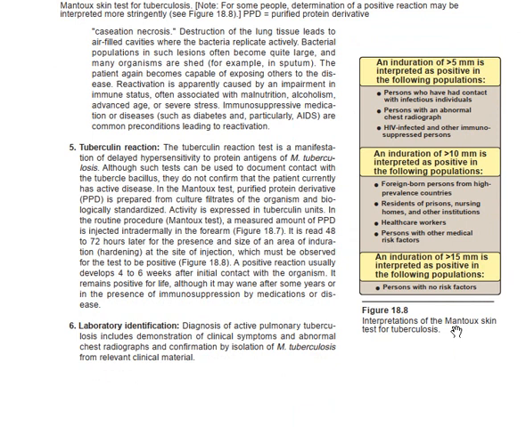So now the interpretation of the Mantle skin test. What's the interpretation? An induration of greater than 5 millimeters is interpreted as positive in the following population. If the person has had contact with an infectious individual, consider it to be positive.